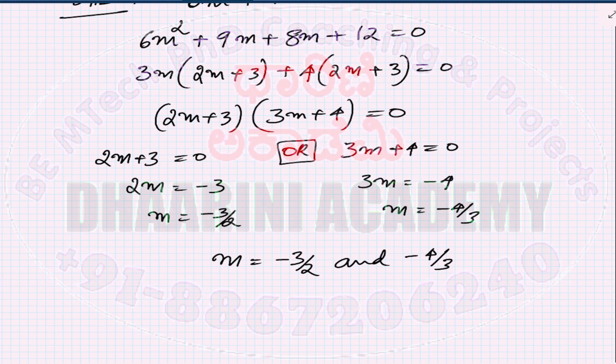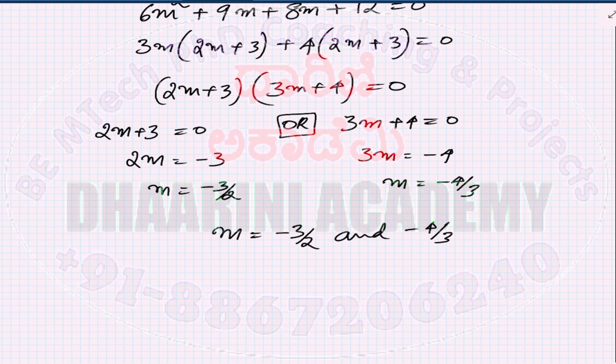My intention is to calculate Yc. So I refer back to the table which we had written earlier. From the table, m equal to minus 3 by 2 and m equal to minus 4 by 3 belong to the first case: the roots are real and distinct.